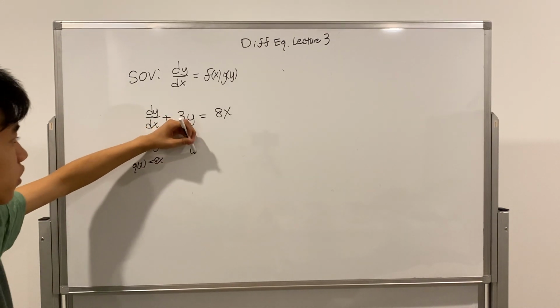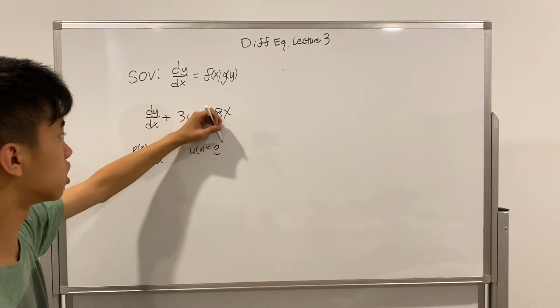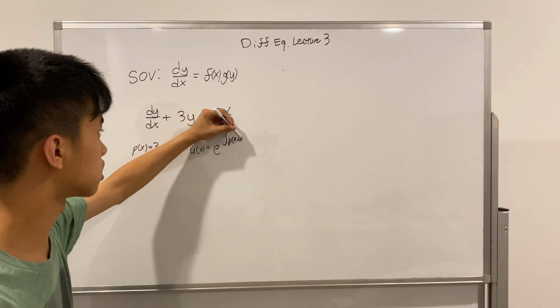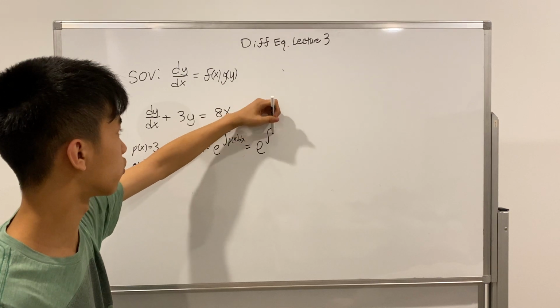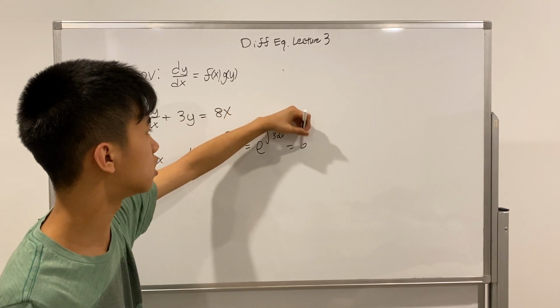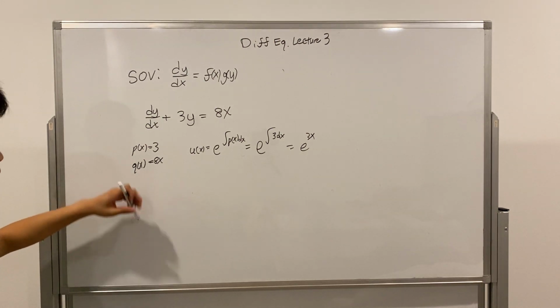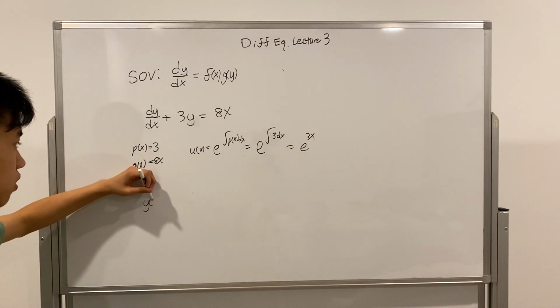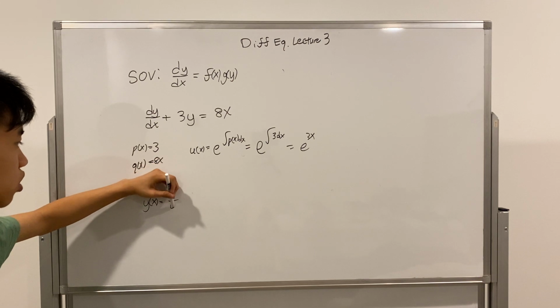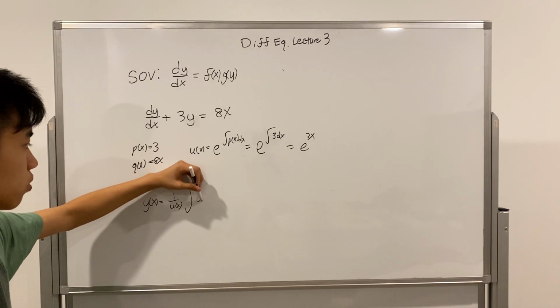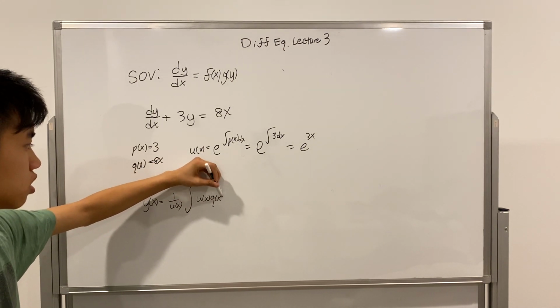So u of x, using our formula, is e to the integral of p of x dx, which is e to the integral of 3 dx, or e to the 3x. Pretty simple. Now we can plug it into our formula, y of x equals 1 over u of x times the integral of u of x q of x dx.